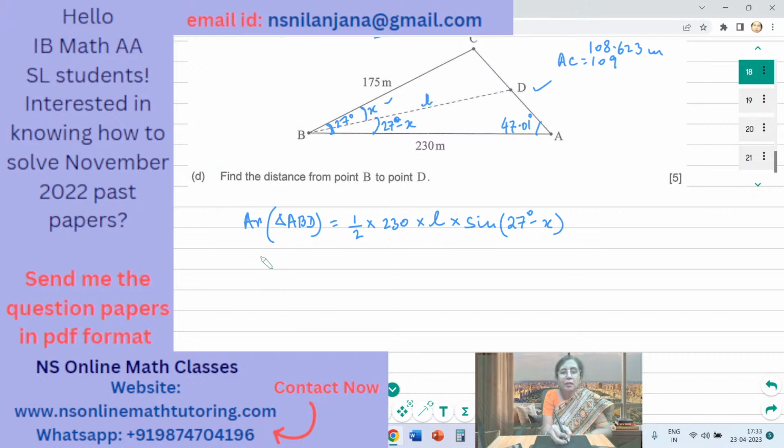And what is the other area? Let me write. I hope you are able to see this line, because if I scroll up the sheet, this letter will not be visible anymore. It is half times 175 times L times sine x, because this is x and this is 27 degrees minus x.